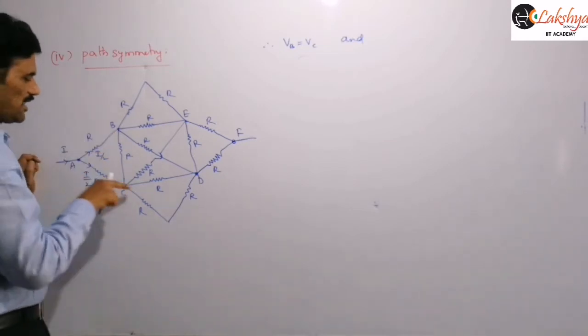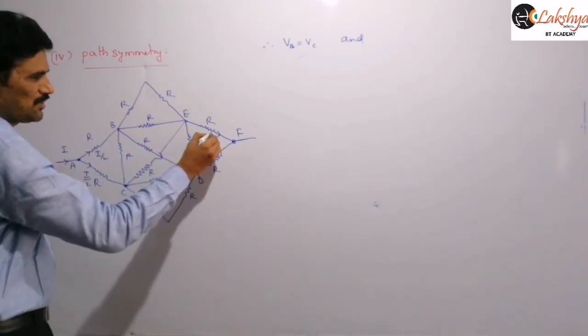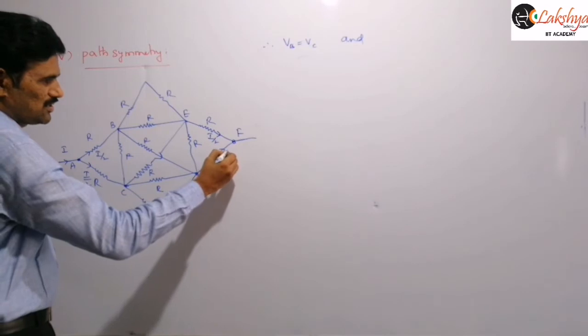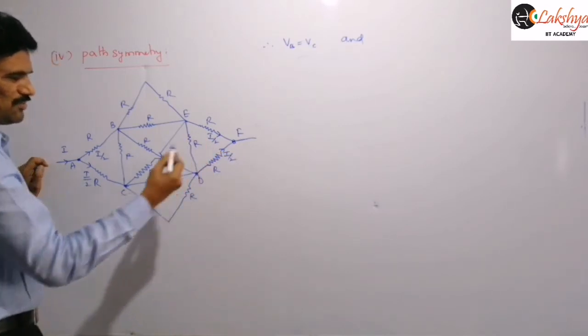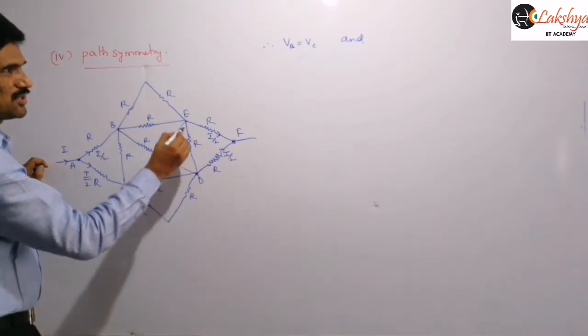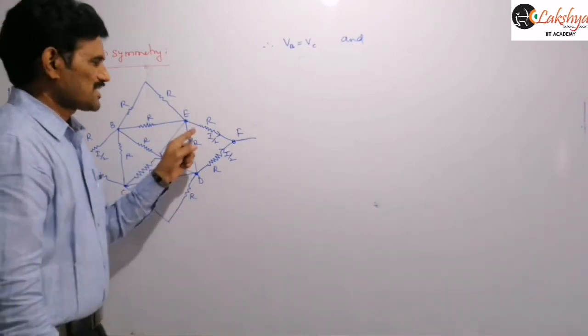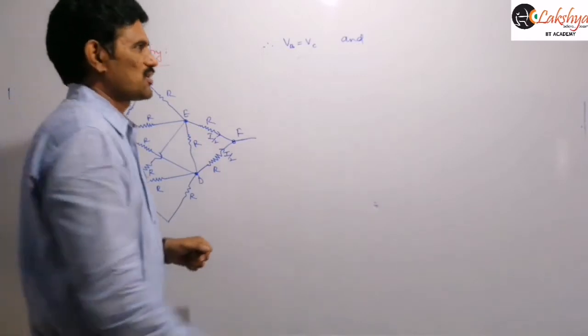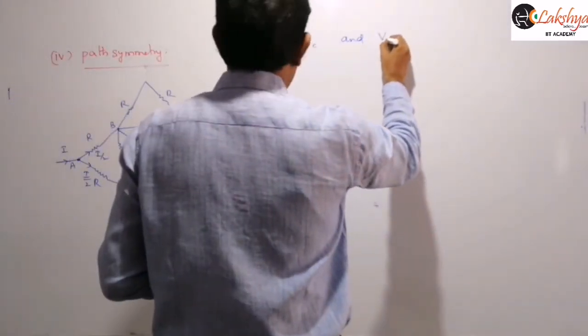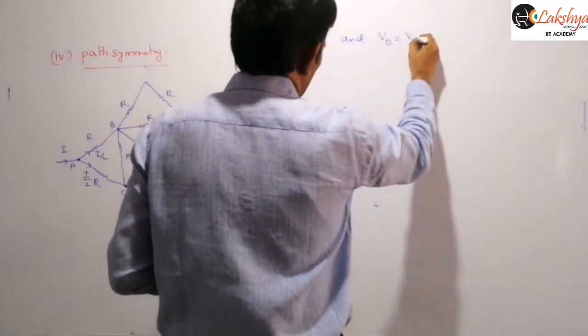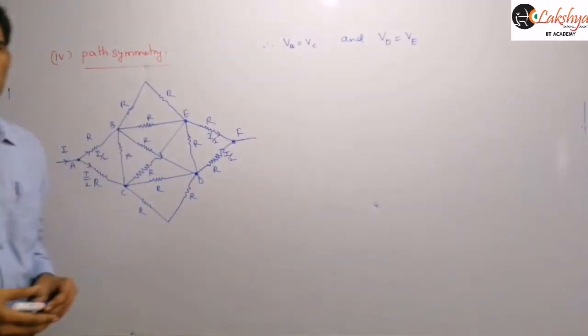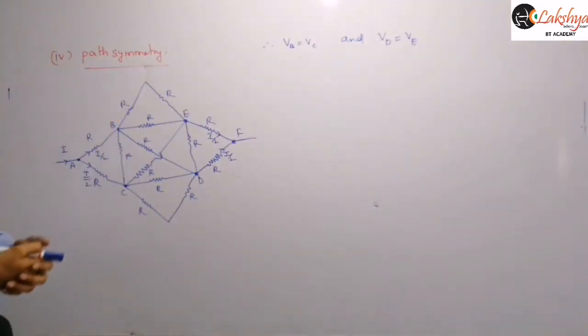So if I by 2 and I by 2 are entering, the same I by 2 and I by 2 should leave here, right? And if I by 2 and I by 2 are leaving, we can conclude that these two junctions should also be at the same potential, because IR by 2 and IR by 2 give the same potential difference. Therefore we can write potential of D is equal to potential of E.